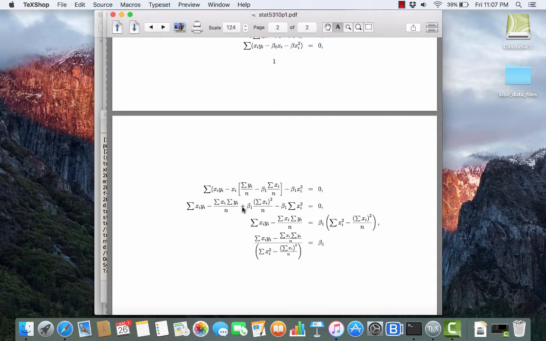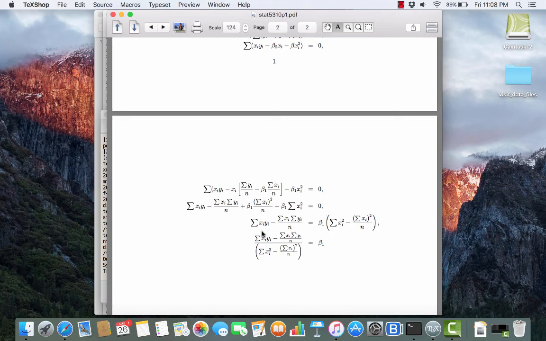Now where did I get that from? So I had summation of the xi here, I'm going to have summation of the xi here. Multiply them, I have summation of the xi squared. Minus times a minus gives me a plus. I have beta 1 sitting on the outside, and the whole thing divided by n. You okay with that? Good. And then when I pass the summation through, I have minus beta 1 summation of the xi squared equals 0.